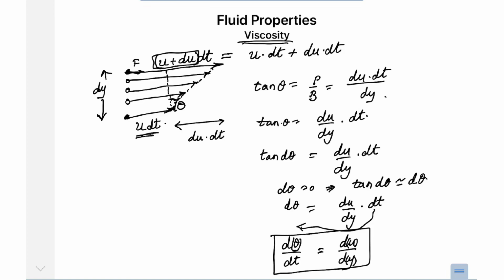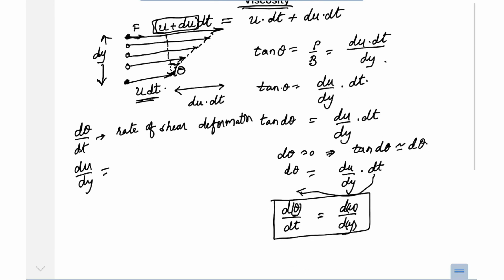That means d theta by dt is the rate of shear deformation, whereas the second term, du by dy, is nothing but the change in velocity with respect to the location. You can say that du by dy is the velocity gradient. As the velocity is changing in these fluid particles, this is telling us about the rate of change of velocity with respect to the position.